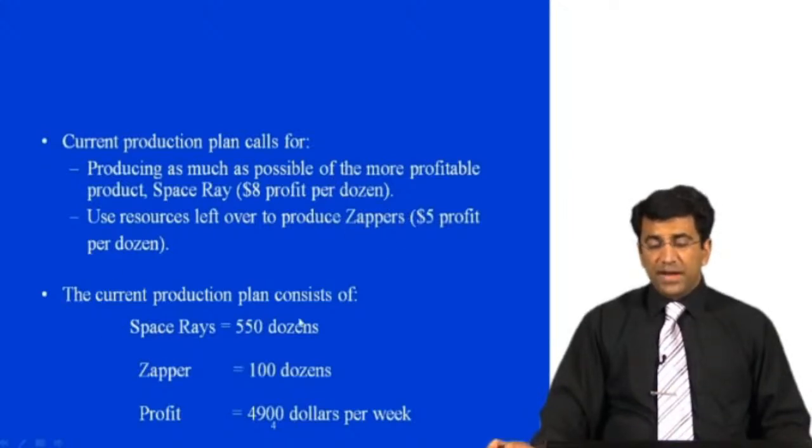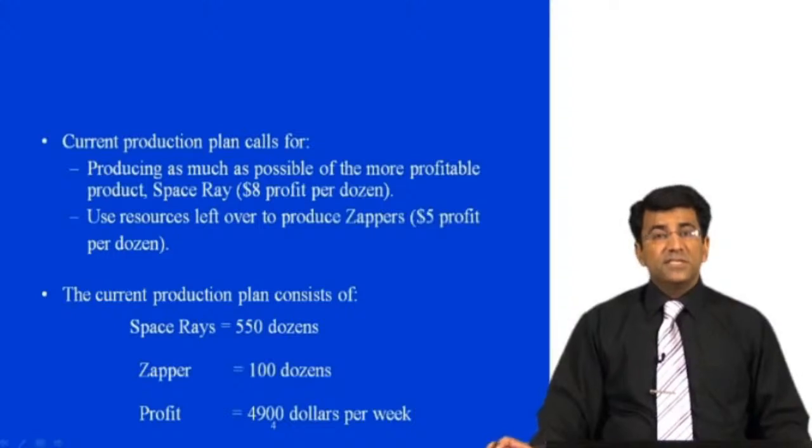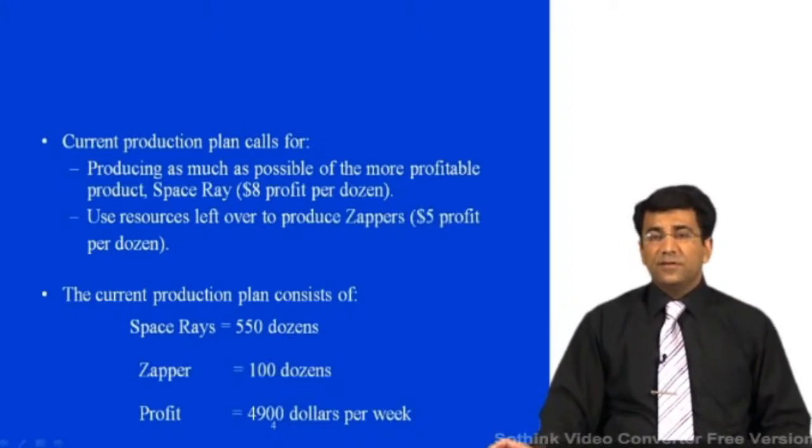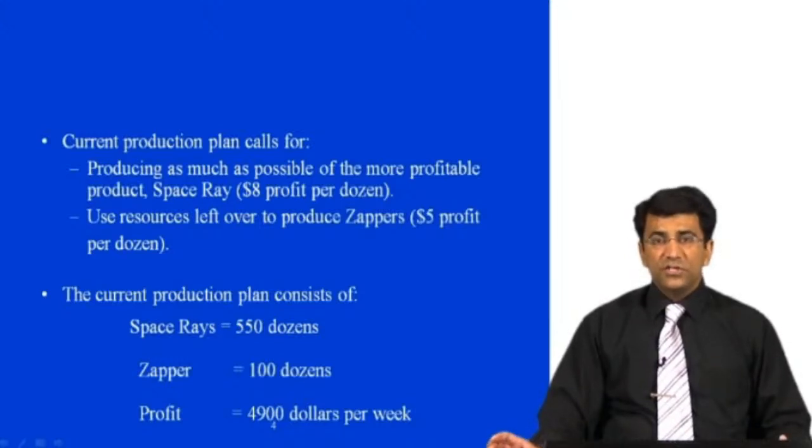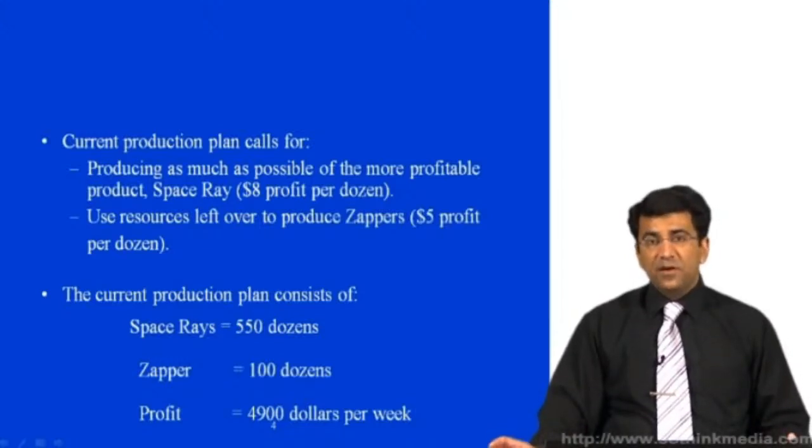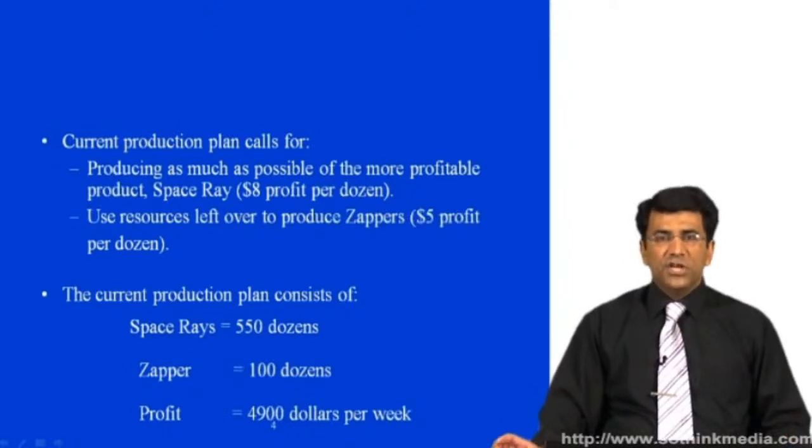The current production plan consists of, okay class, we have discussed in the previous lectures that there are two types of decision making. One decision is based on the perception or the intuition or the observation of the managers, but that may or may not work. The most important decision is that decision which is always taken on the basis of certain facts and calculations.